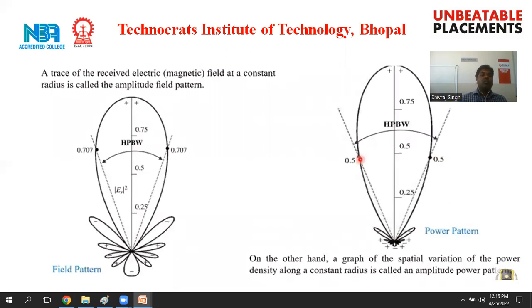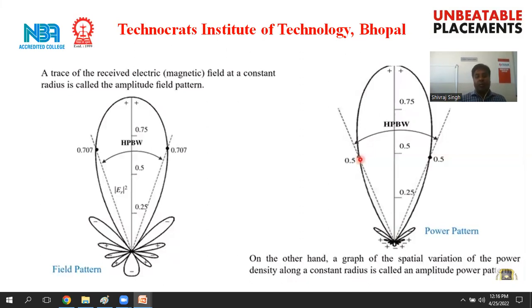Field pattern: a trace of received power in terms of electric field or magnetic field at a constant radius is called the amplitude field pattern. If we draw the graph of the electric field as well as the magnetic field with respect to direction, that is called the field pattern.